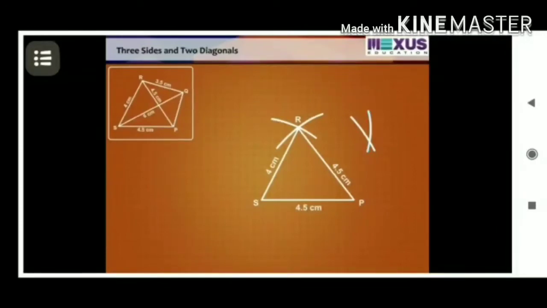Step 4. Now Q is the point of intersection of the two arcs since Q lies on both the arcs. So mark their intersection as Q and join PQ and RQ to complete it as PQRS. Hence, PQRS is the required quadrilateral.